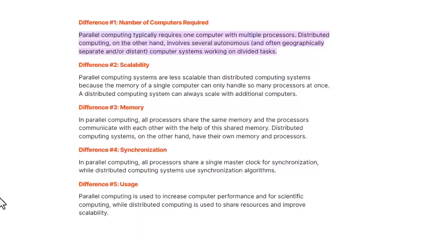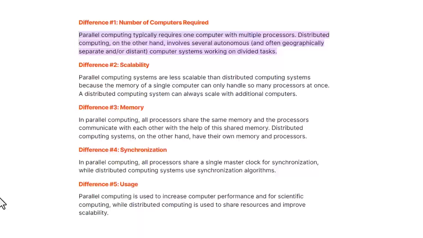The second difference is scalability. Parallel computing systems are less scalable than distributed systems because the memory of a single computer can only handle so many processors at once. A distributed computer system can always scale with additional computers. I already stated this point in detail, that adding more computers to distributed computing is easier compared to adding more processors, which is not easy in parallel computing.